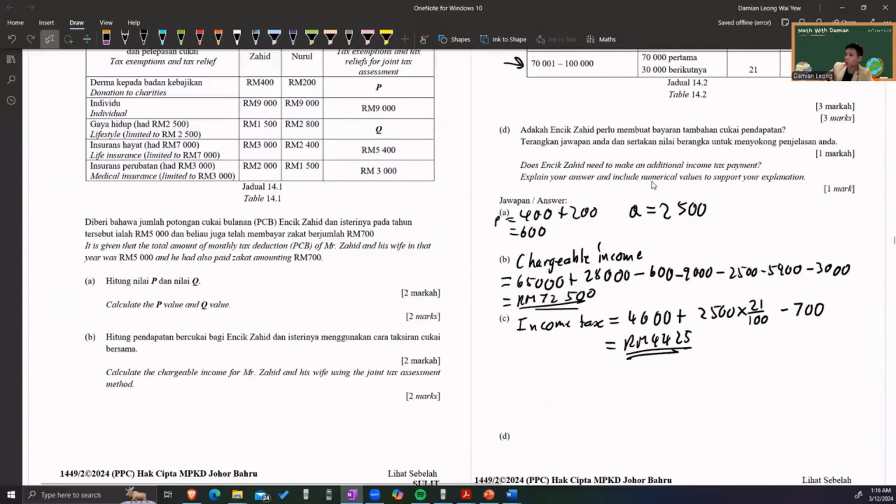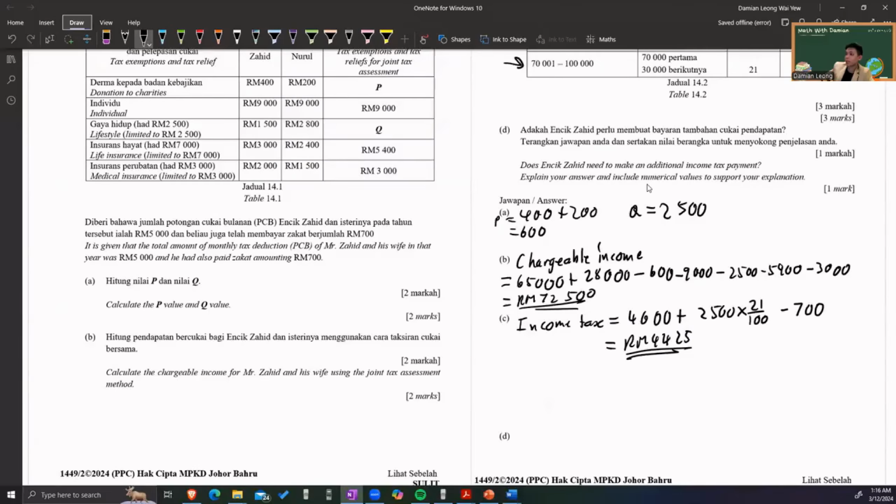Then part D, Encik Zahid needs to make additional income tax payment. So we compare it with the monthly tax deduction, 5,000 ringgit. Actually, sorry, the 5,000 ringgit is for the total year.